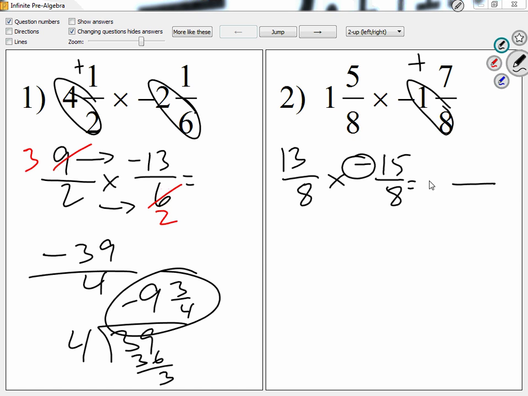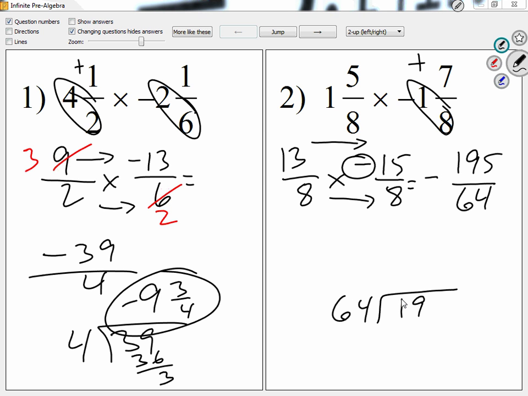There's a negative sign, so my answer is negative. On the top, I have 13 times 15. That is 195. At the bottom, I have 8 times 8. That's 64. So I'm just going to go 64 into 195.